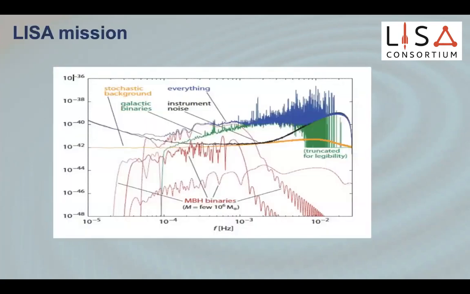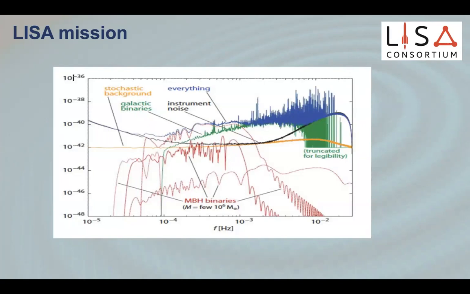So as everyone knows, this is the LISA mission. This is my favorite plot of the whole thing. The blue thing is what we hope to see when the instrument flies, and then buried underneath is all this super exciting, interesting fundamental physics from all sorts of different corners of our expertise.